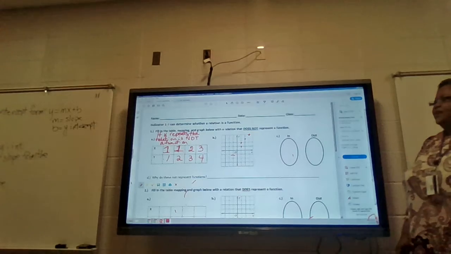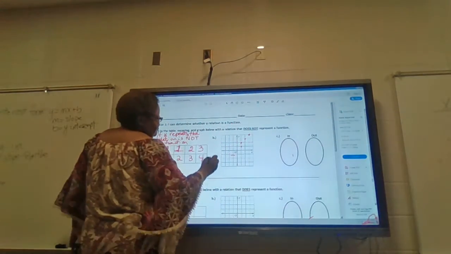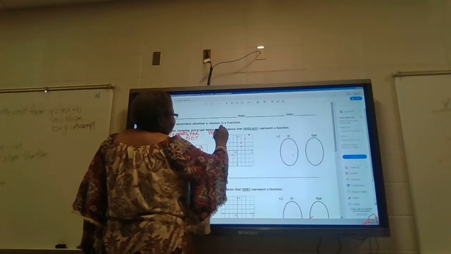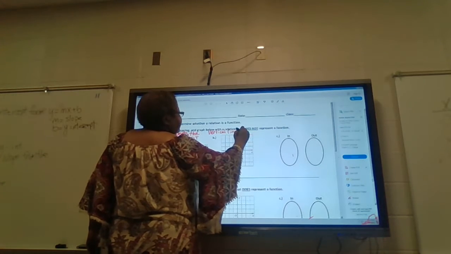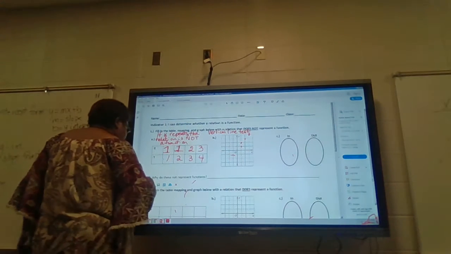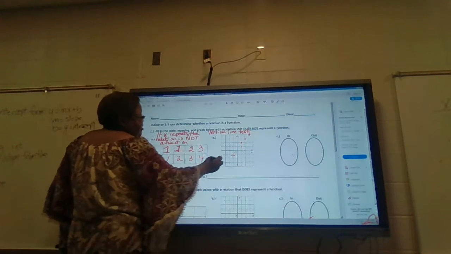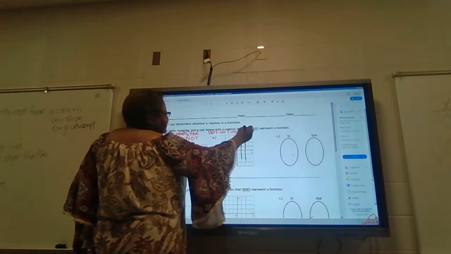And so now with this, what we do is called the vertical line test. So I'm going to draw vertical lines throughout my graph. I'm going to draw a vertical line here, here, and here.